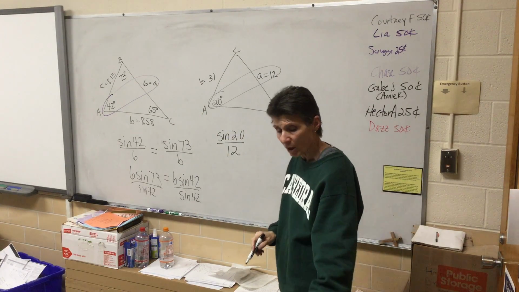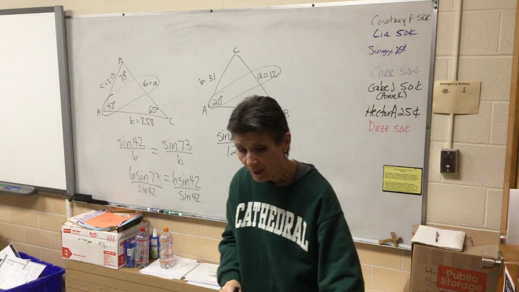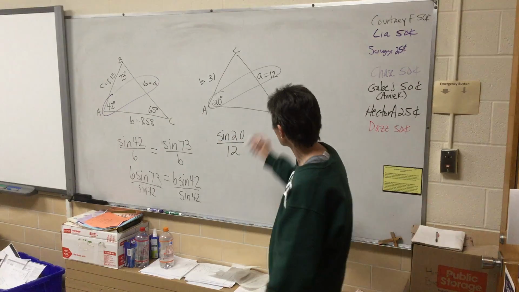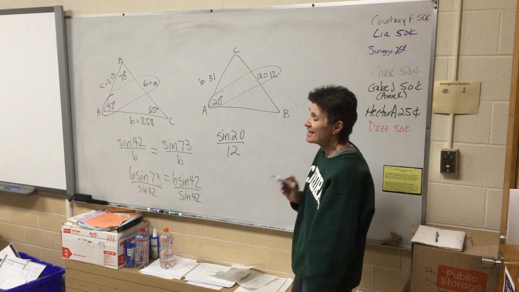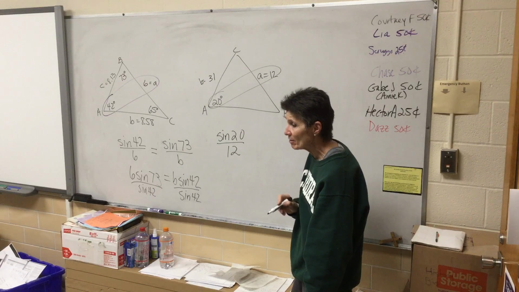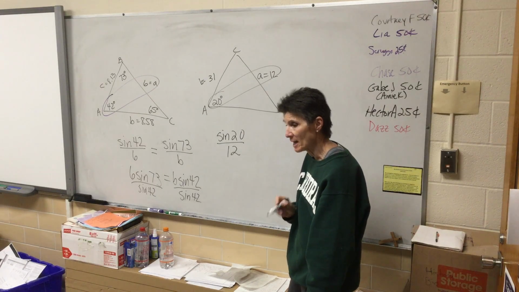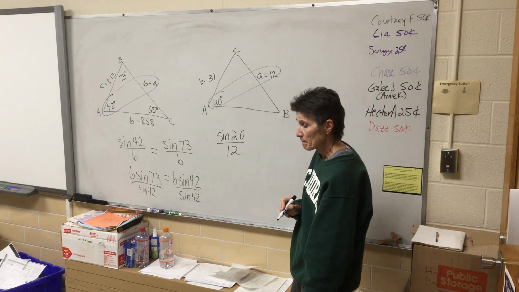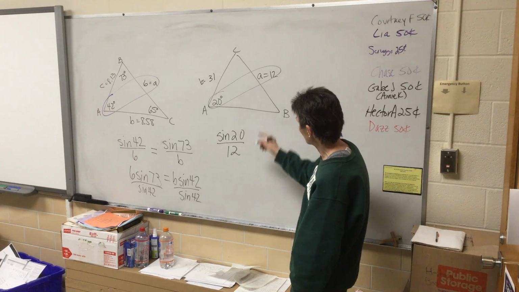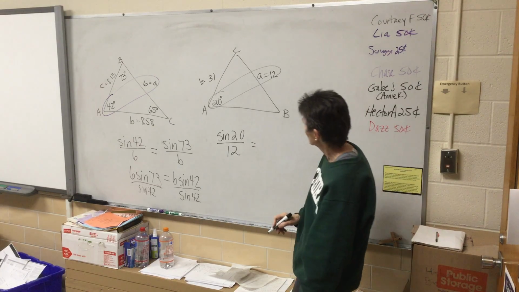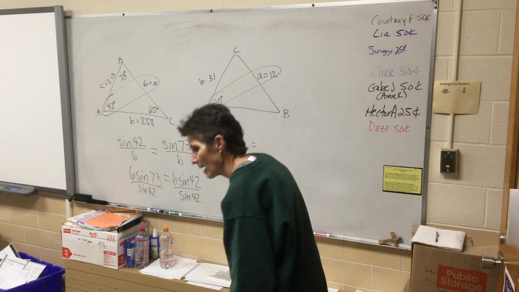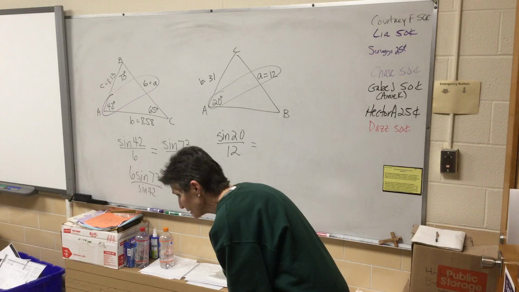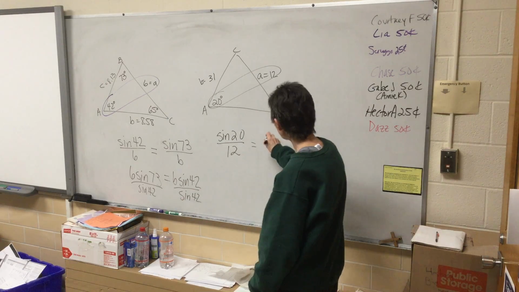When you do the law of sines, you always start with the pair that you have. If you do not have a pair, you will not be doing the law of sines. All right, so we got one. Now, what do you think I'm going to put over here this time? Sine B over 31. Exactly, I don't have a choice.